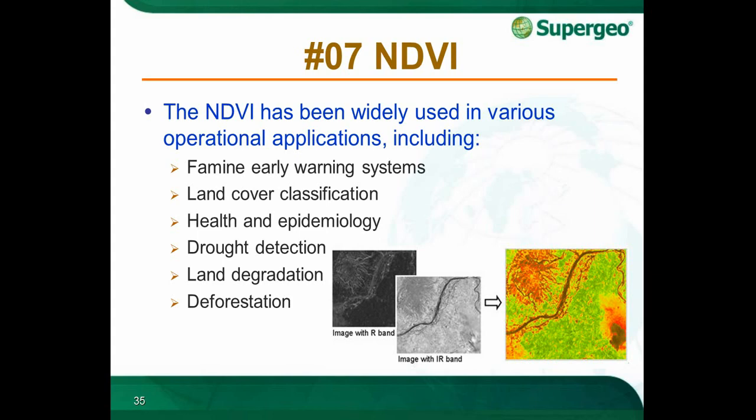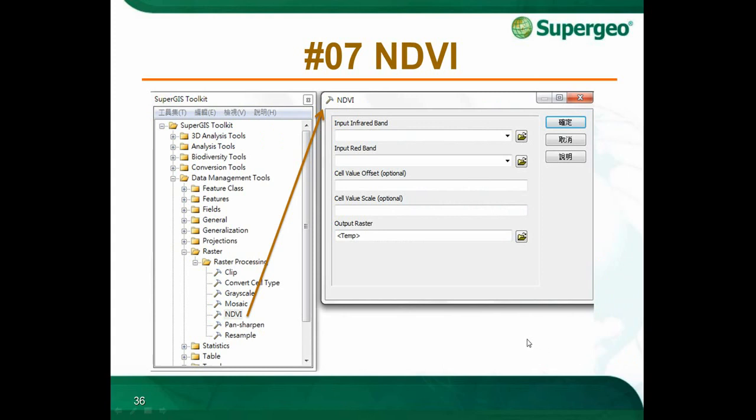We can also use it for land cover classification, to find out the rural area, the forest, where the plant is, and also for health and epidemiology, drought detection, land degradation and deforestation, where you can find out the decrease of the forest area, which is a very important issue nowadays. So now you can see within the picture in our slide, if you join the red band and the IR, which is near infrared, you can find out where the plant is.